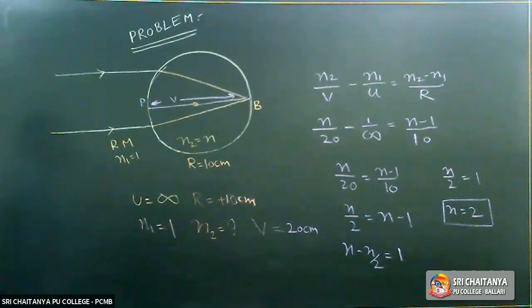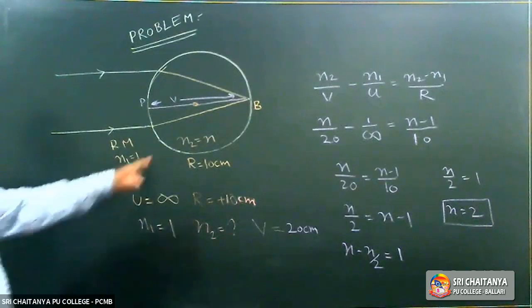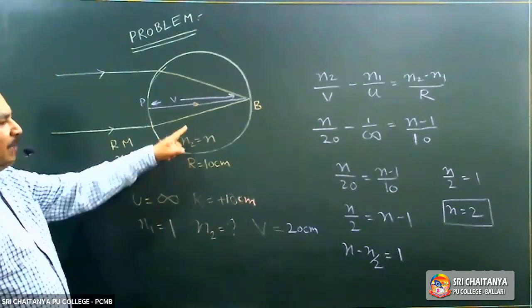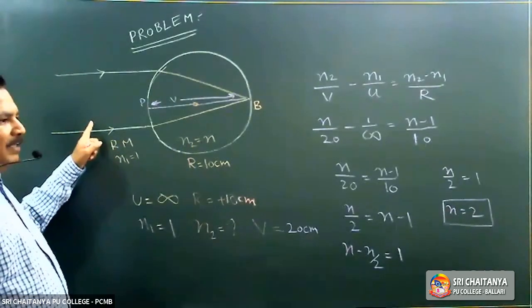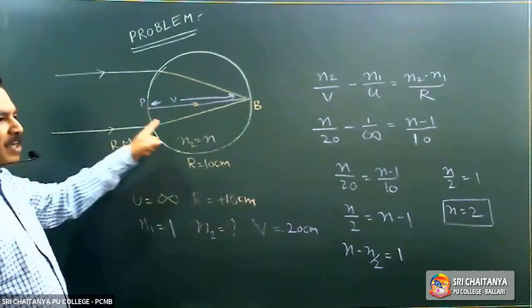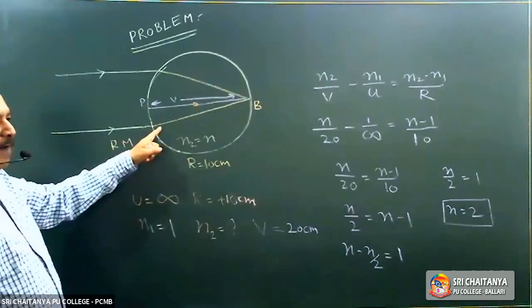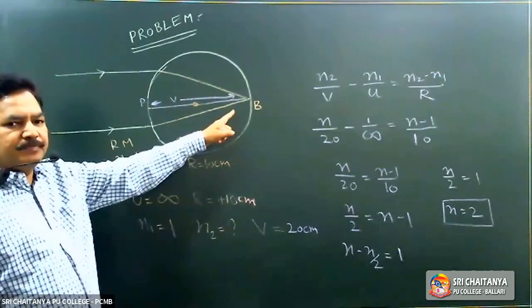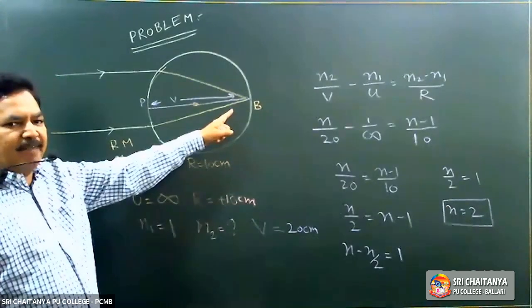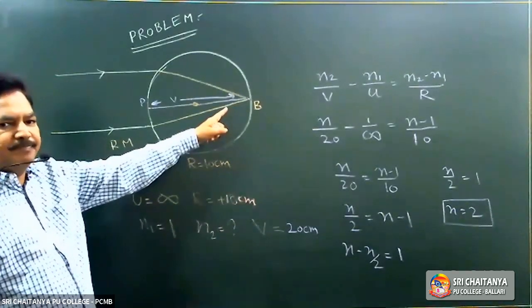A problem on refraction at a spherical surface. What is the problem? A sphere of refractive index n, light rays are coming parallel and fall onto the sphere. After refraction, they will meet at point B, the other end of the diameter of the sphere.